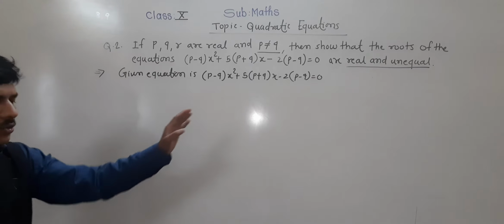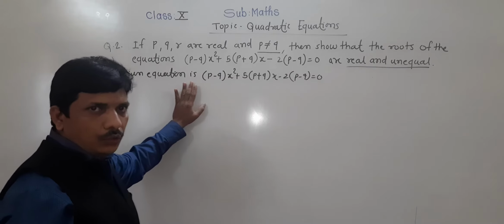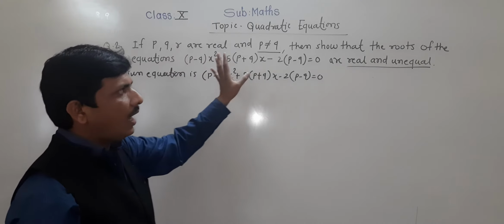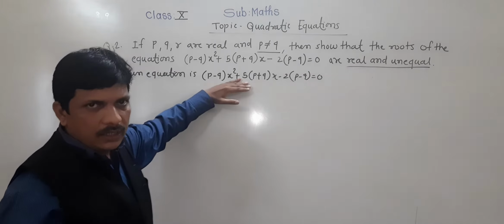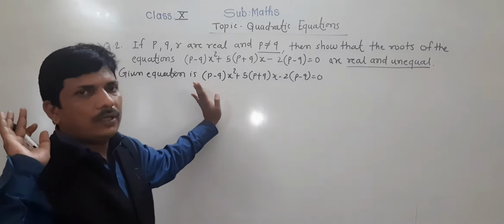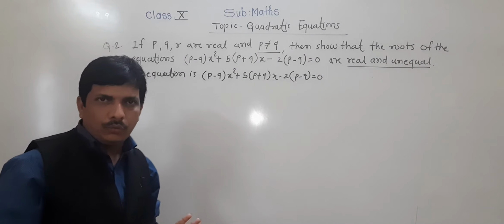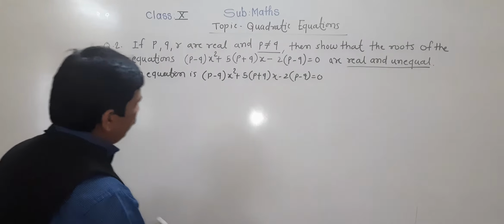Now D is greater than 0. What they are asking is to show that the roots are real and unequal, which means we have to show the discriminant D of the equation is greater than 0. If we are able to show that D is greater than 0, then that is our proof.